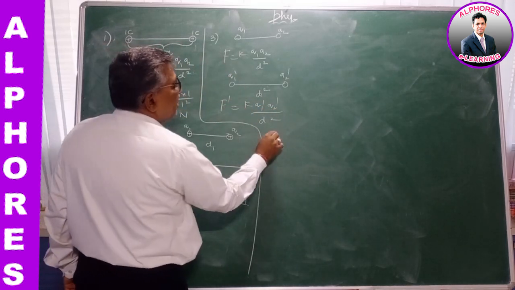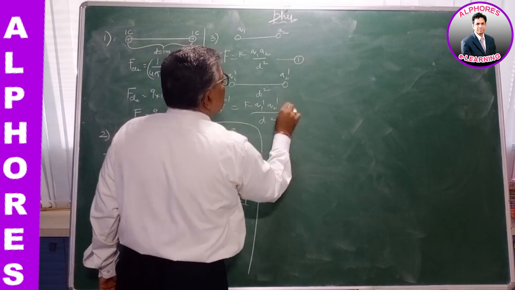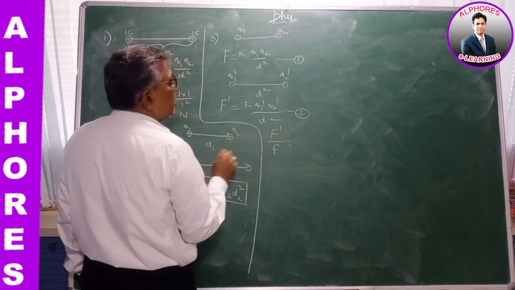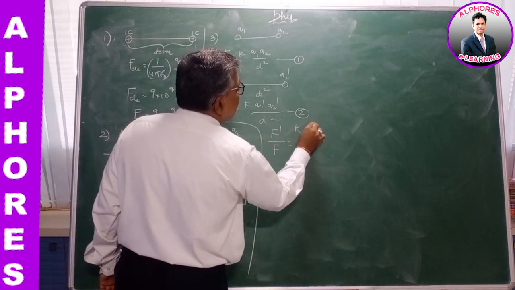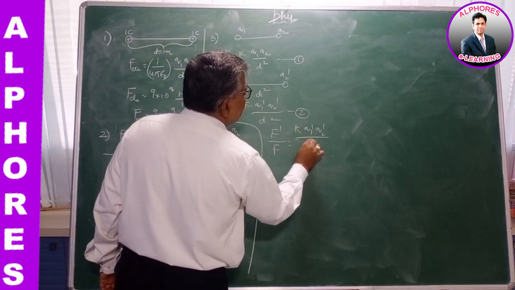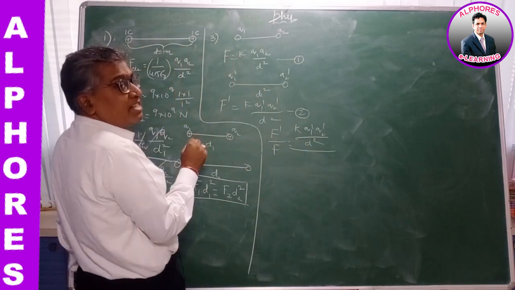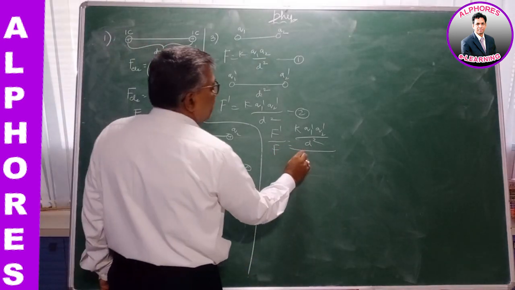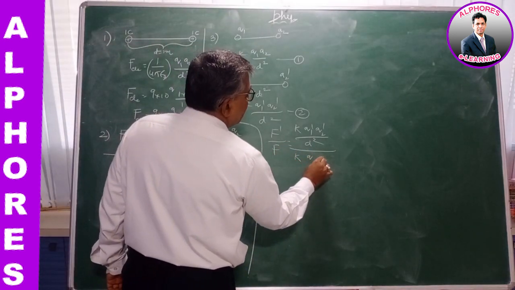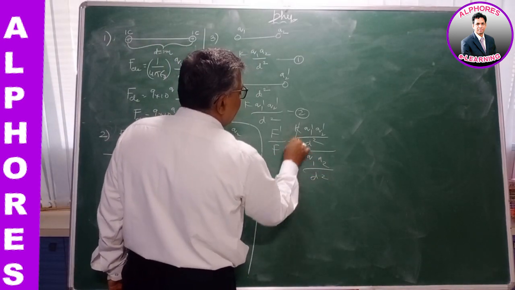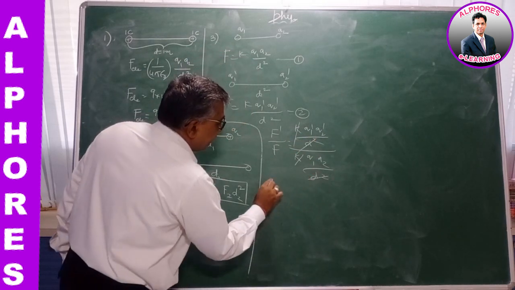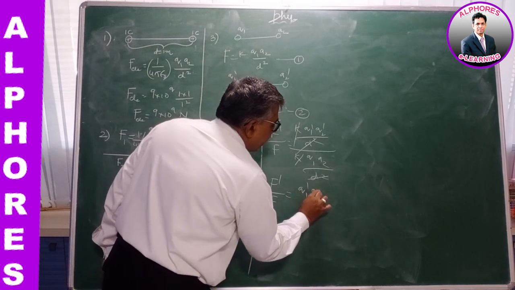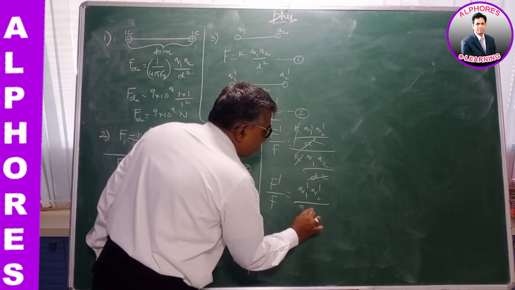Dividing 2 by 1, F dash by F is equal to K Q1 dash Q2 dash by d square divided by K Q1 Q2 by d square. For the same distance, different charges. Here, same charge, different distance. So K cancels, d square cancels. Then F dash by F is equal to Q1 dash Q2 dash by Q1 Q2.